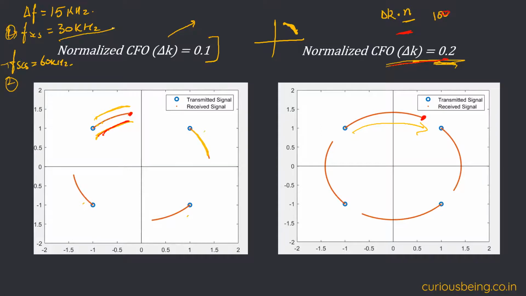So basically you're saying that somehow you have to bring in the coherence bandwidth also. The impact will be less severe if your carrier frequency offset is much less compared to the coherence bandwidth.